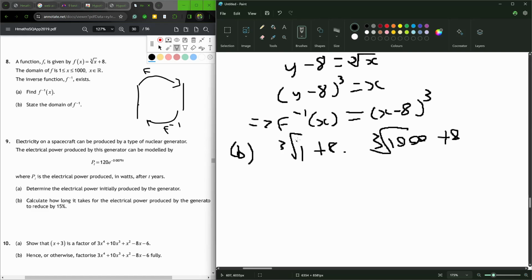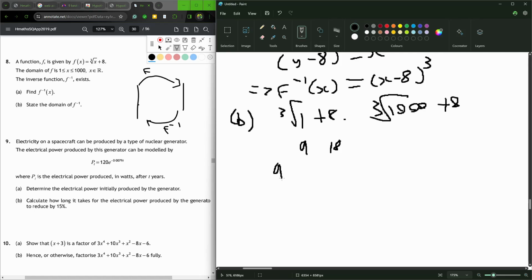Well, cube root of 1, that's still 1, so that'll be 9, because it's just 1 plus 8. Cube root of 1,000, that's got to be 10, so it'll be 10 plus 8, so it'll be 9 and 18, which means that the domain would be like this.